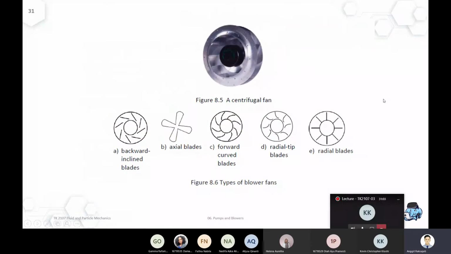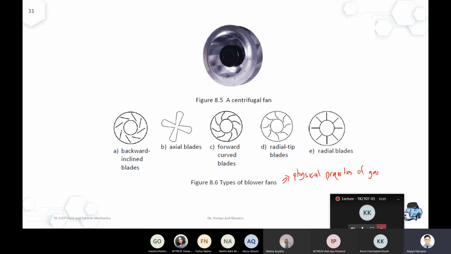In terms of the design, again, this is studied in more detail by mechanical engineers. So the selection of the blower fans, again, mainly depends on the physical properties of the gas itself.